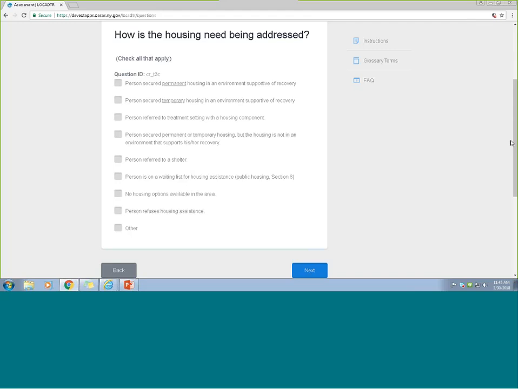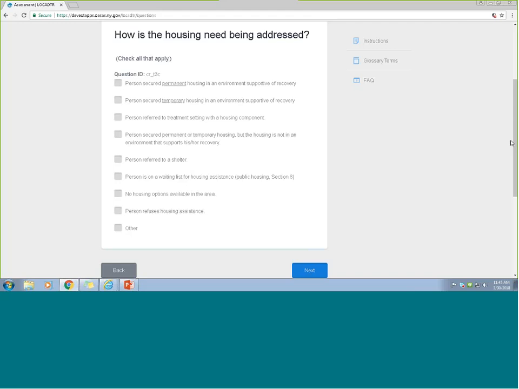So we purposely developed this list to try to capture the nuances of the housing issue and the housing need that exists across the state, and also recognize that in some instances people would go on to a shelter, or they may have permanent or temporary housing that's not supportive of their recovery, that may not be safe. People make decisions for themselves in terms of where they will move on to, and we wanted to be sure to capture patient choice, perhaps going to a housing situation that they choose but that is maybe not supportive of their recovery.